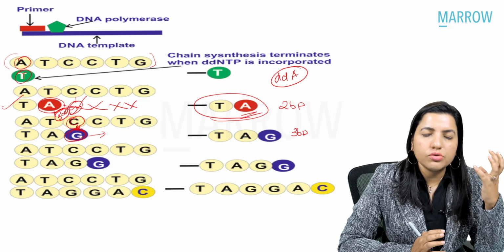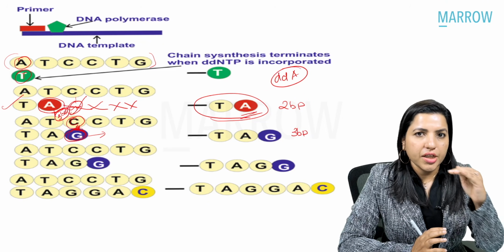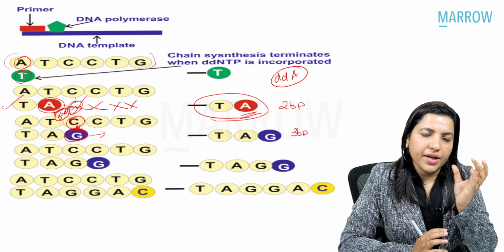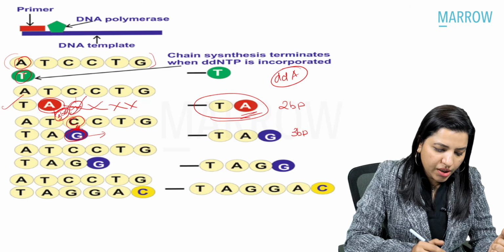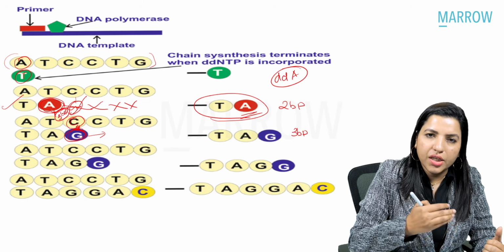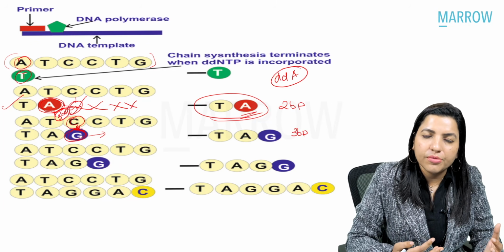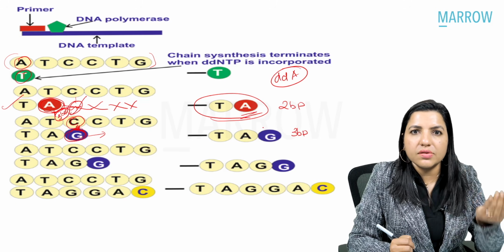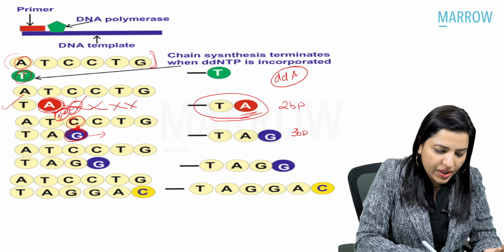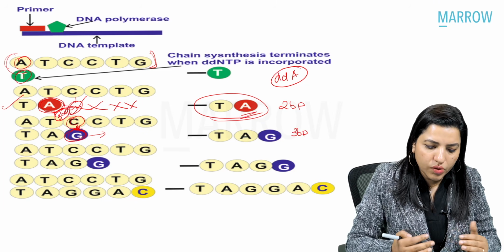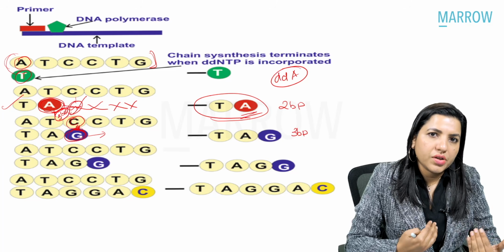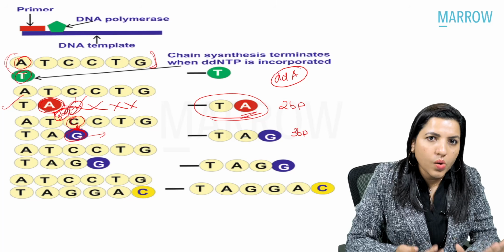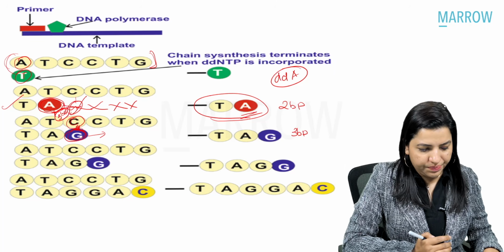Because of this, the chain elongation will stop whenever the dideoxynucleotides are added, and each dideoxynucleotide will have a particular fluorescence, and based on that we can find out the sequence present in the DNA that we have added for sequencing. If you want to know more about it, you can see my video on DNA sequencing, where I have clearly explained how DNA sequencing is done.